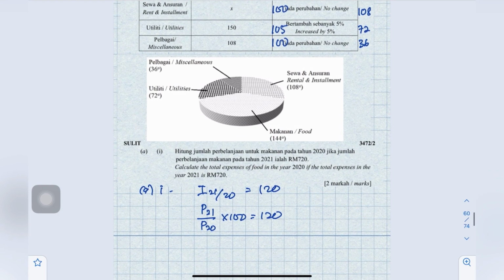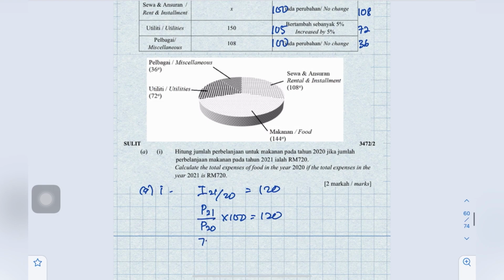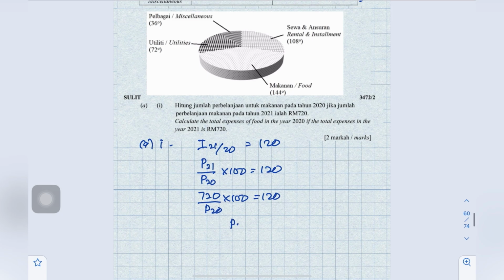So now given expenses 2021 720, so masukkan 720 over P20 times 100 is 120. Jadi P20 equals to 720 times 100 divided by 120, which is equals to 600.